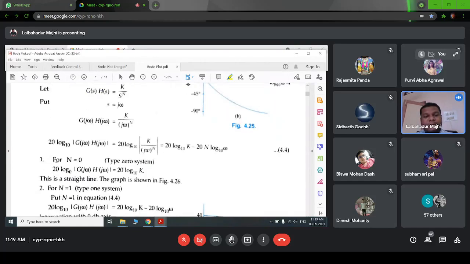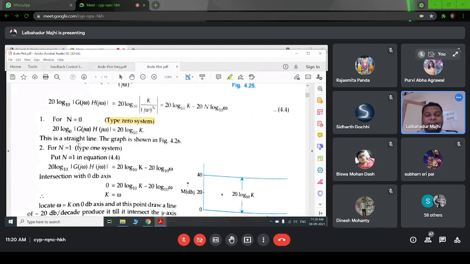We have discussed this for type 0 system. The starting point will be 20 log k and the initial slope will be 0 dB per decade, right, for type 0 system. Remember this: for type 0 system, the initial slope will be 0 dB per decade and the starting point will be calculated by this formula, 20 log k. K is the system gain.